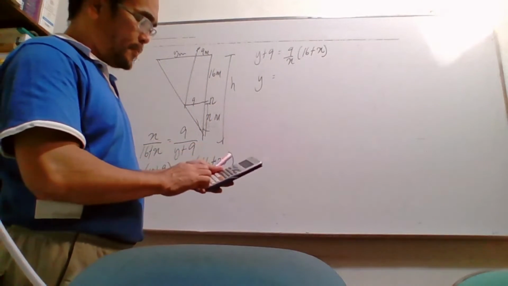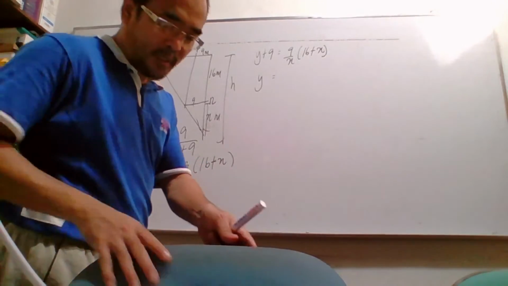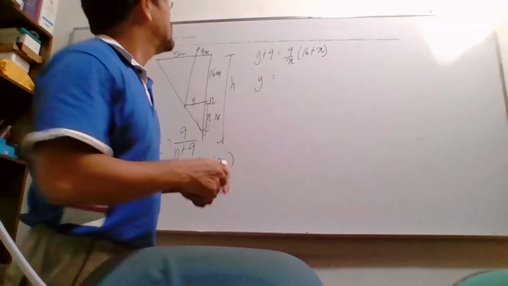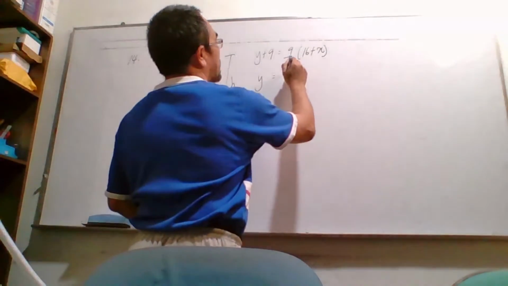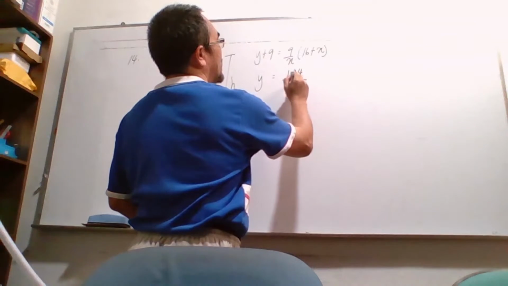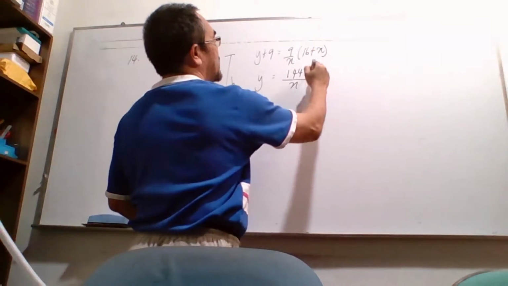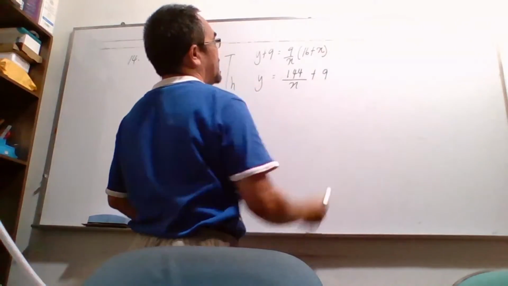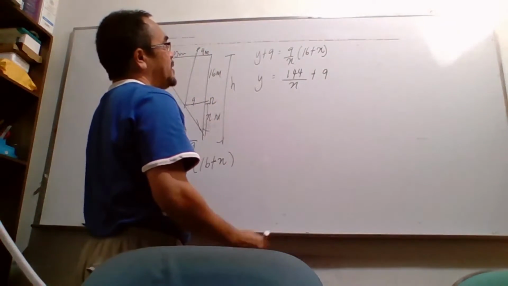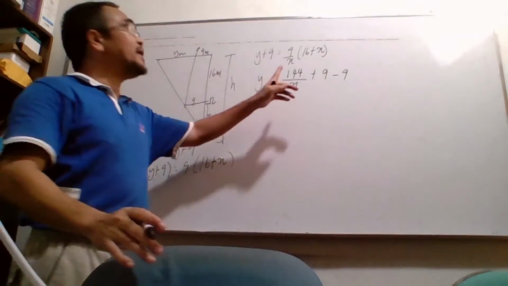That is 144. We have 144 over x. So when multiplied, here we get 9. And then minus 9.